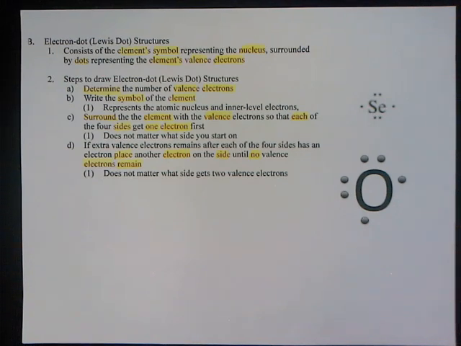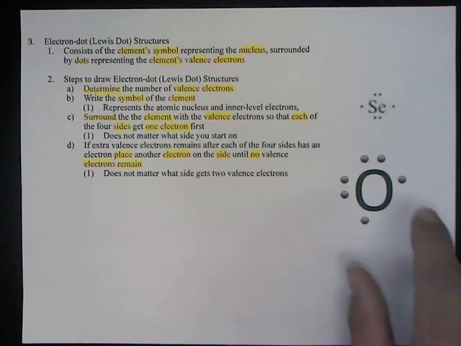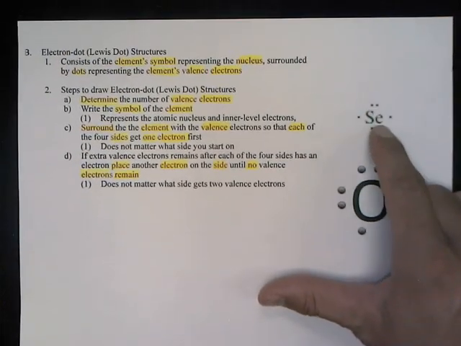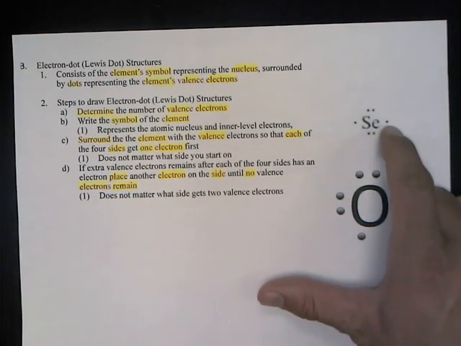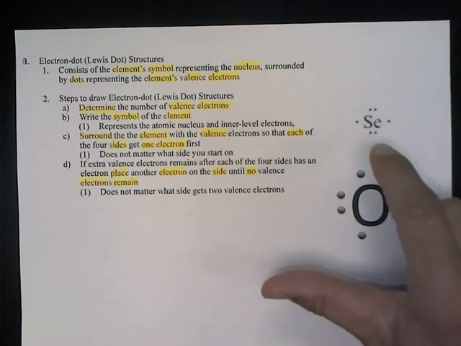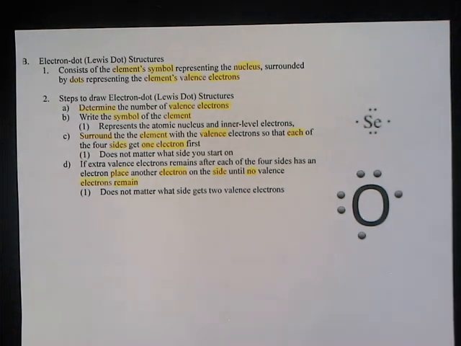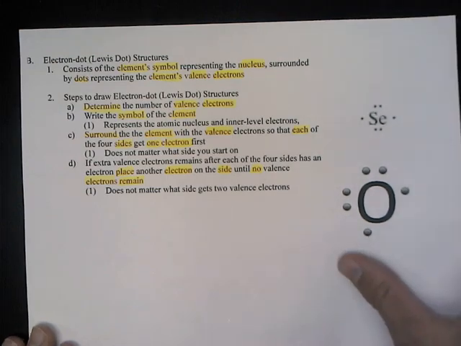They use dots to represent the valence electrons for each element. Major things here: we put the element symbol, and we call each of the 4 sides of the element symbol a side. Each side gets 1 electron before you go back and add doubles. So let's get to examples here. You can read over the steps, but let's show you some examples.